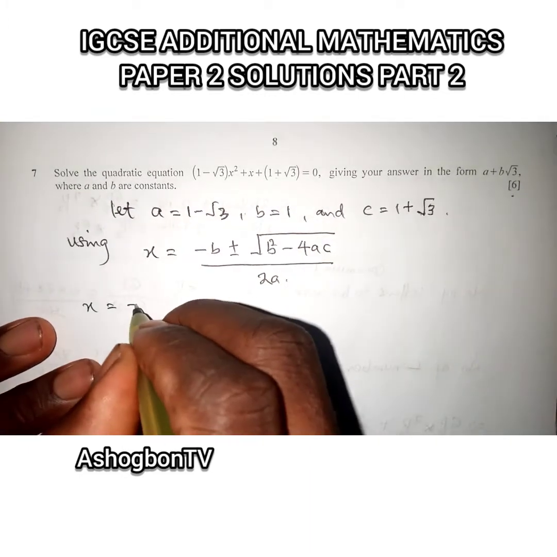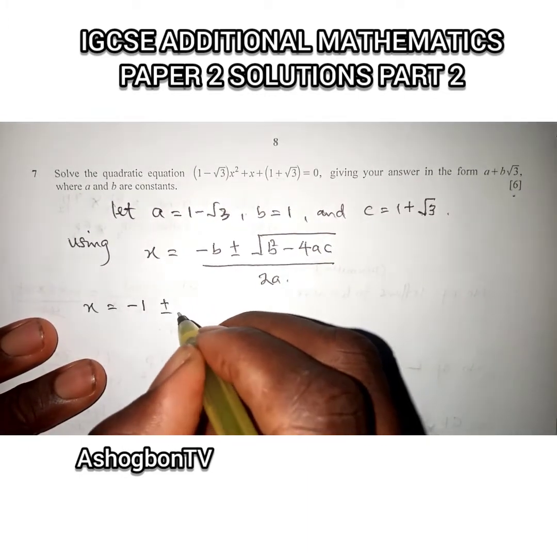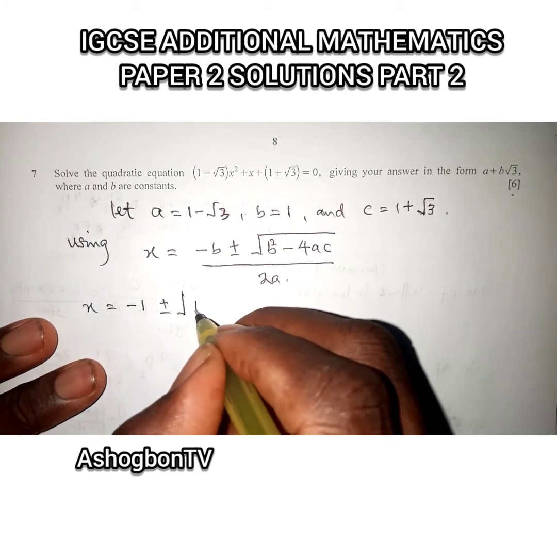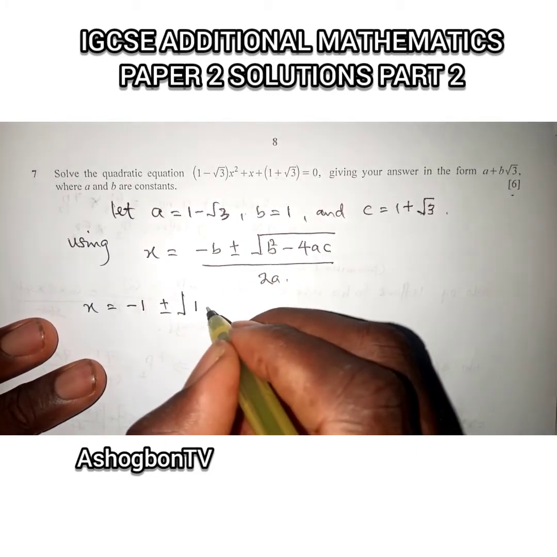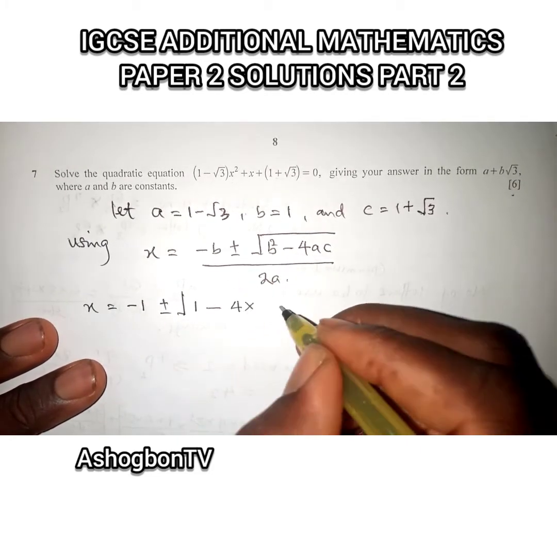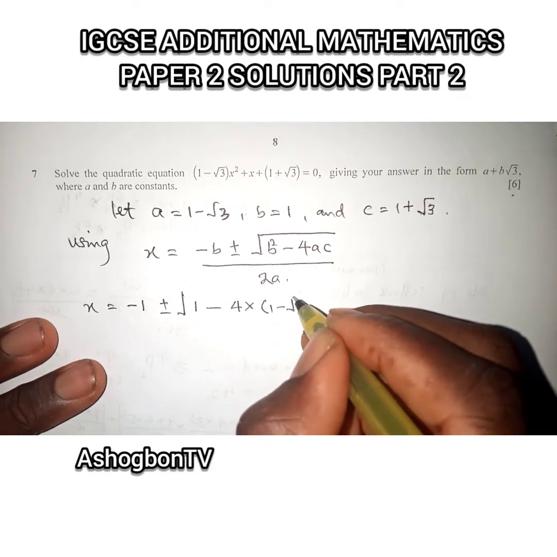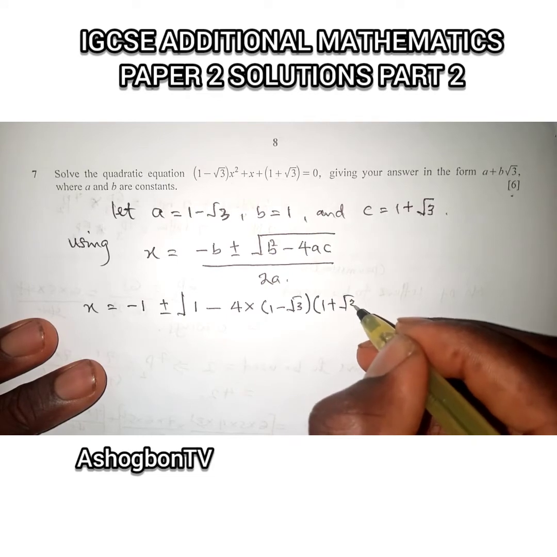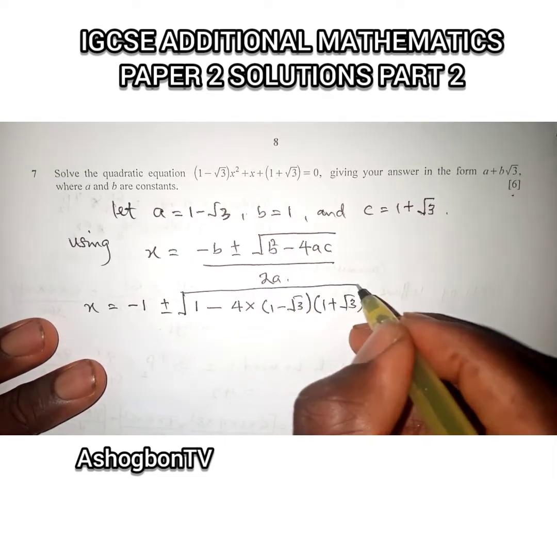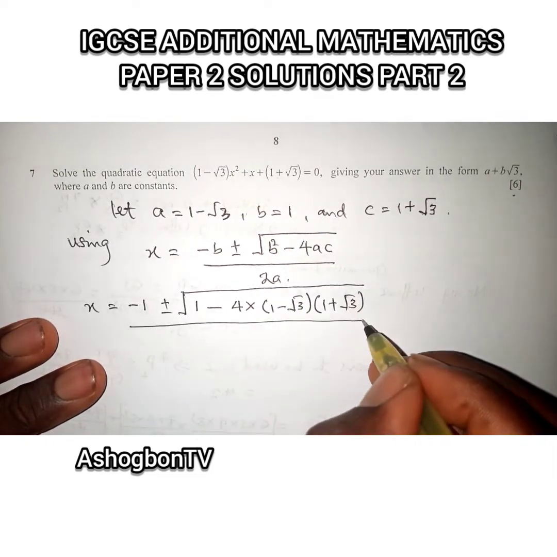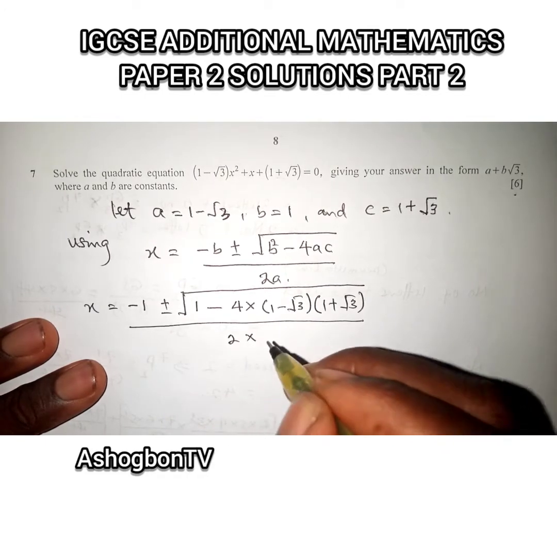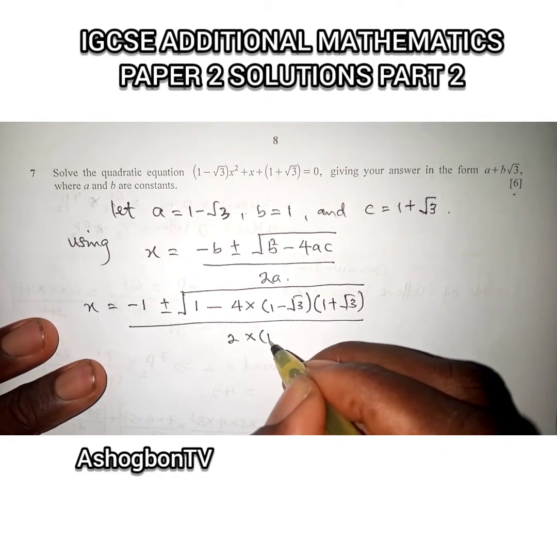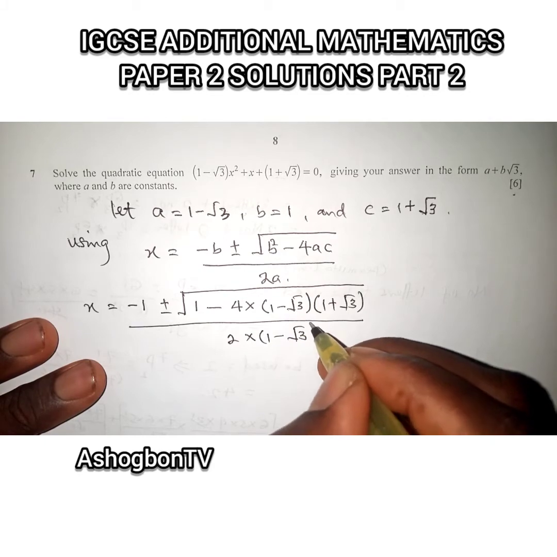So let's see, what's your b? Your b is 1, so minus 1 plus or minus square root of 1 squared, which is still 1, minus 4. A is 1 minus root 3. C is 1 plus root 3. And that will be divided by 2 times 1 minus root 3.